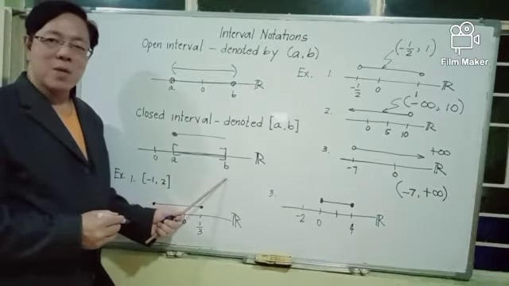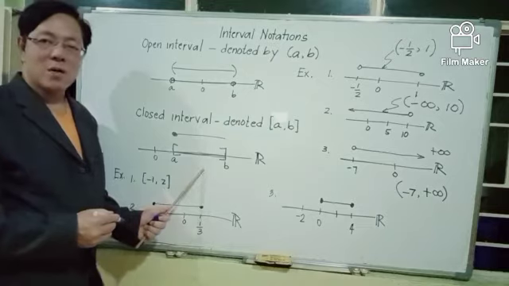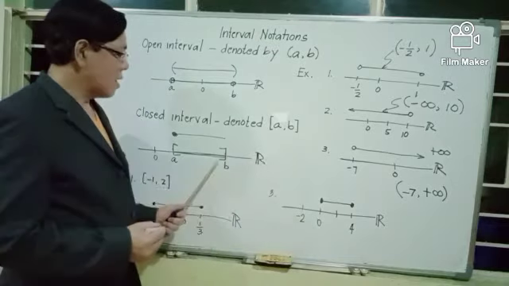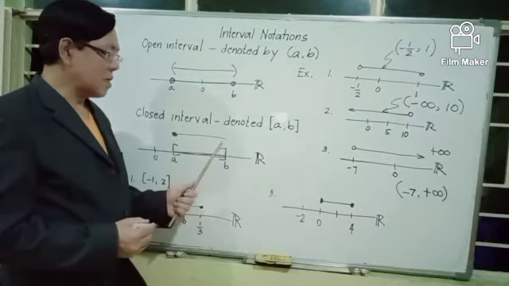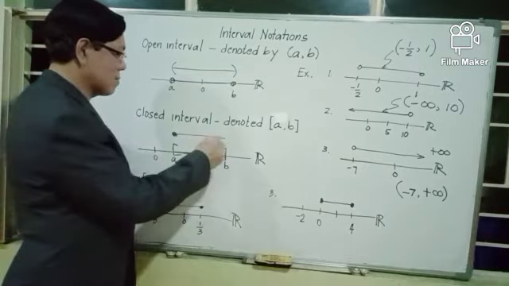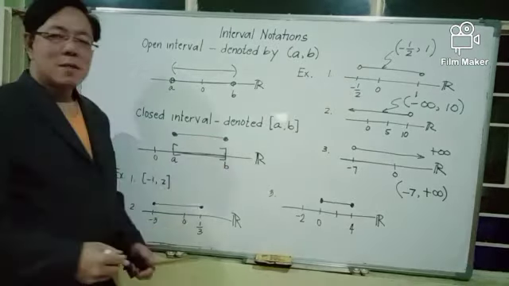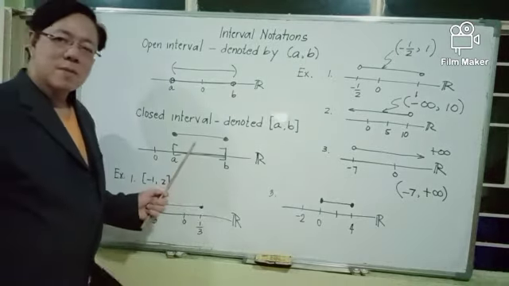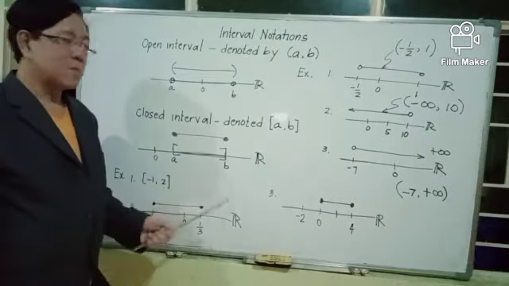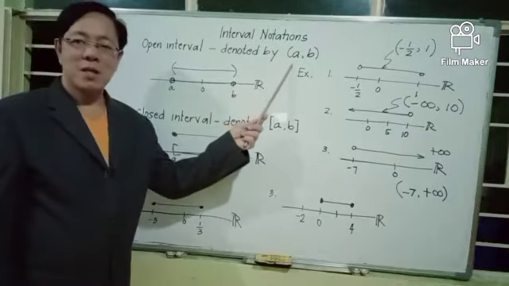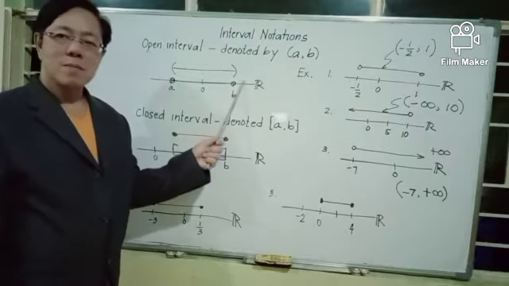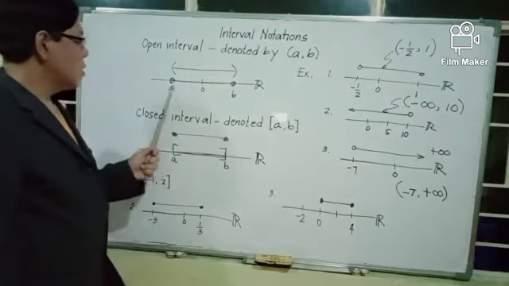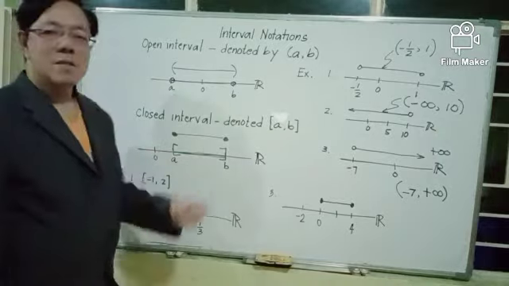And also the right endpoint B is included in the closed interval as indicated by this bracket, and we can also indicate that using a shaded small circle. Thus, to represent a closed interval diagrammatically, you may use this representation or this representation. And to represent an open interval diagrammatically, you may use this representation, a pair of parentheses at endpoints, or open circles at endpoints.